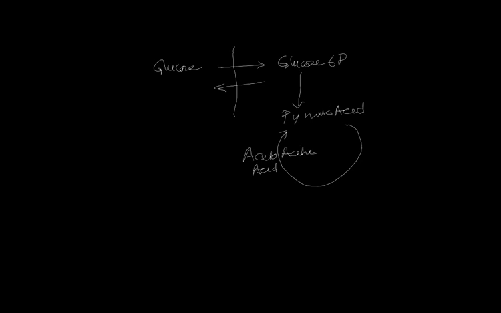So this binding of phosphate is brought about by an enzyme called hexokinase, and that is stimulated by a receptor here which is called the insulin receptor.